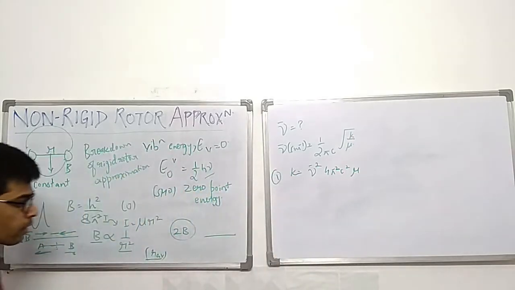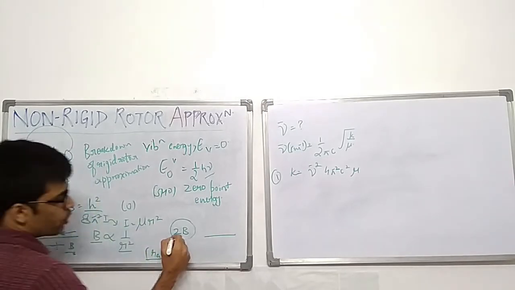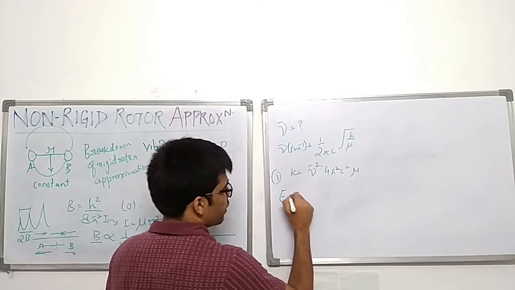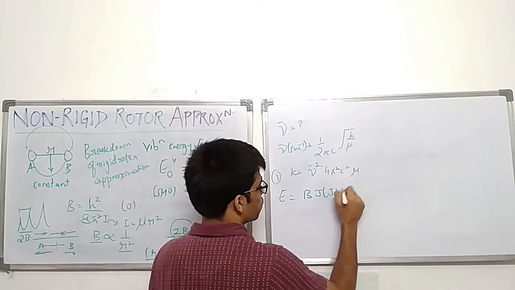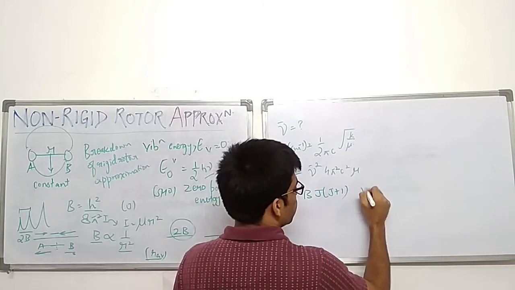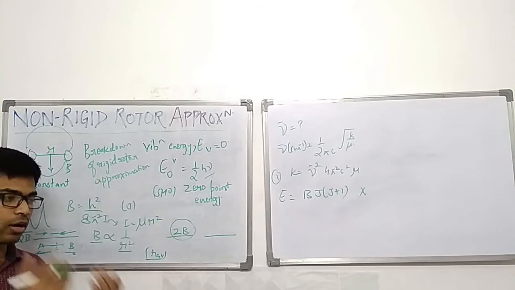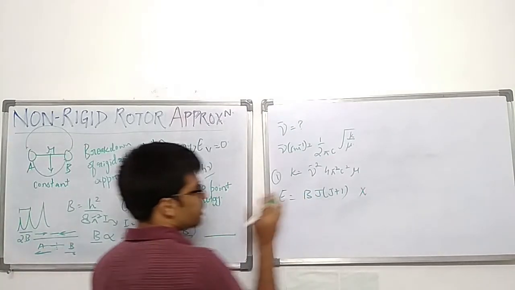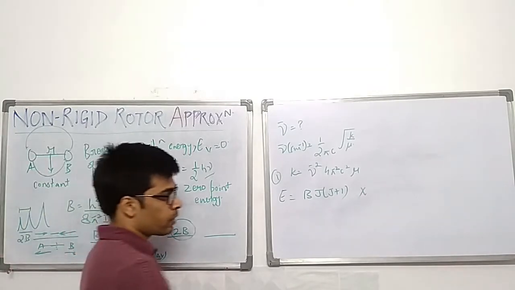Now, if the difference between two consecutive lines is not 2B, that means the formula that we had, E equals BJ(J plus 1), will also not be true for a non-rigid rotor molecule. When we consider the non-rigid rotor condition, the energy levels will not be defined by this formula, so we will have to devise a new formula.